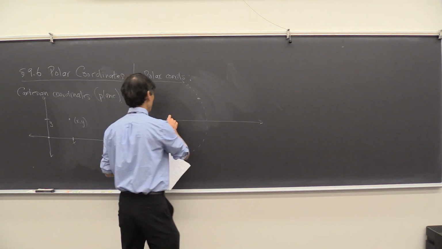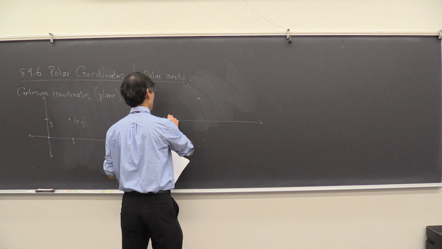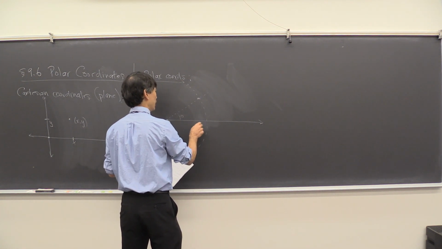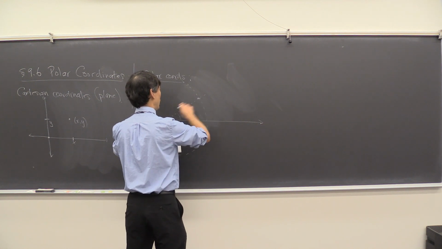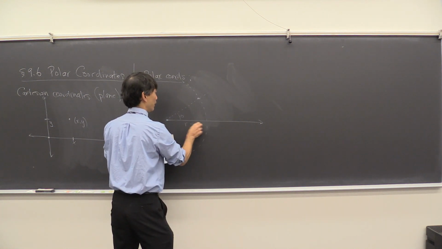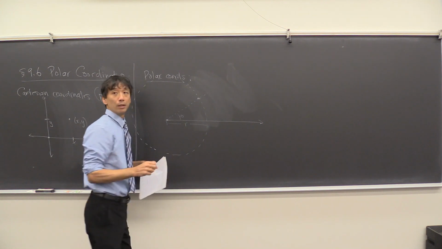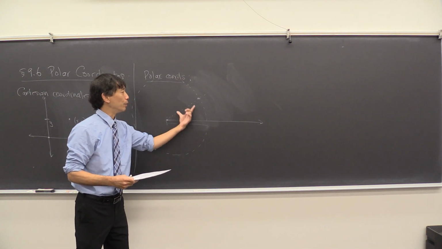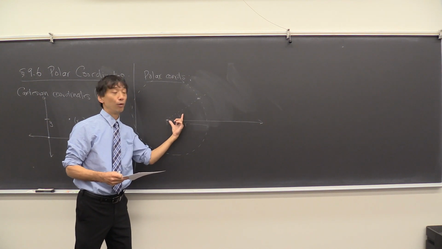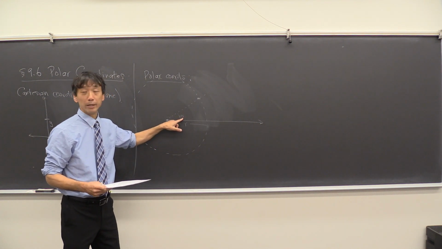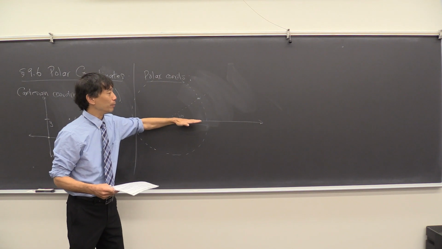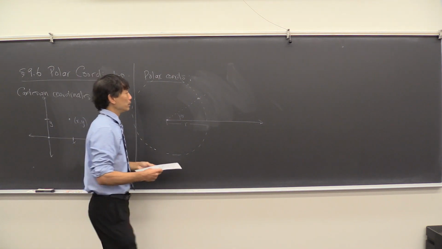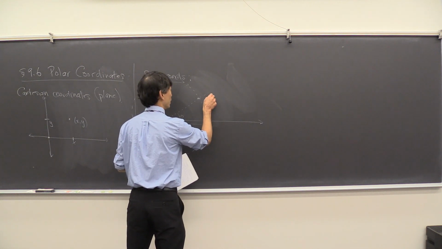Okay, so you say, I'm going to specify this point by looking at what angle it is and how far away it is, right? So you get this number r, which is the radius of the circle, how far the thing is away from the pole, and you get this angle theta, which is the angle from this initial zero ray. Okay, so then you call this point (r, theta).